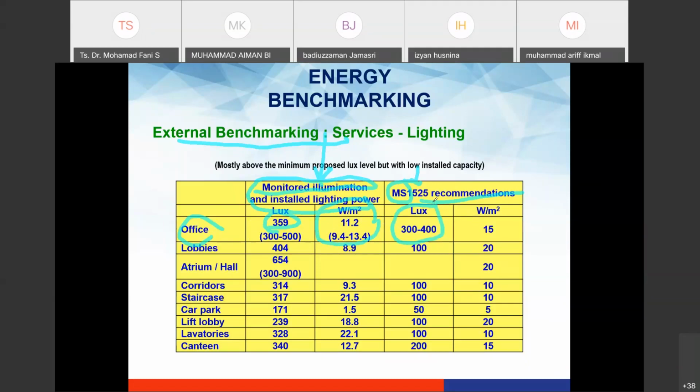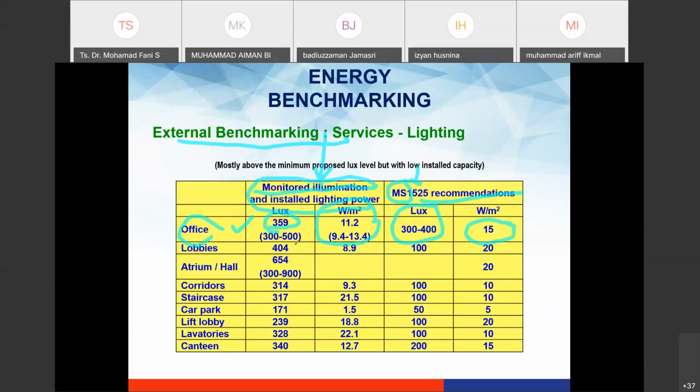And the standard says the lux level for the office must be within 300 to 400. So the reading of 359 is within the standard.